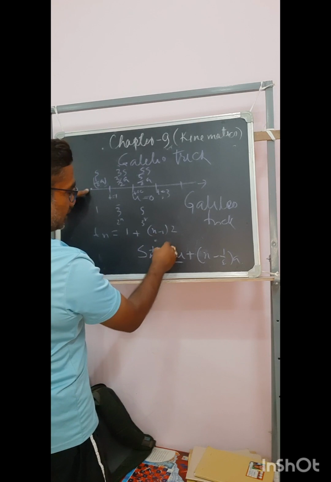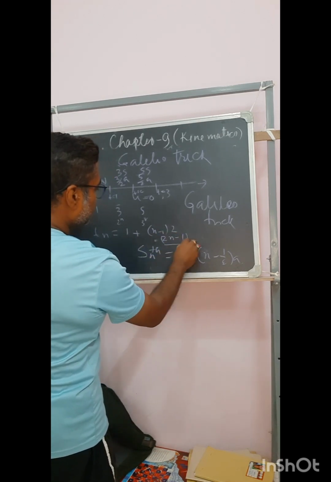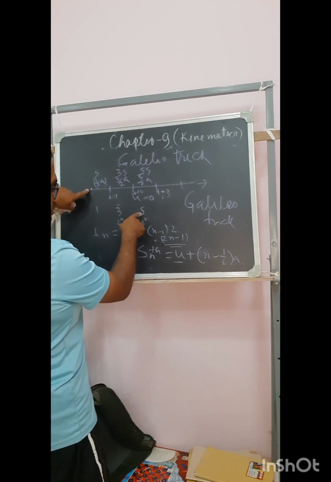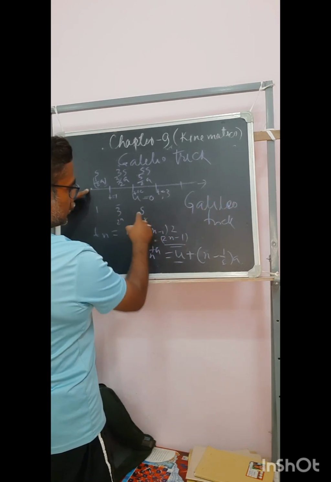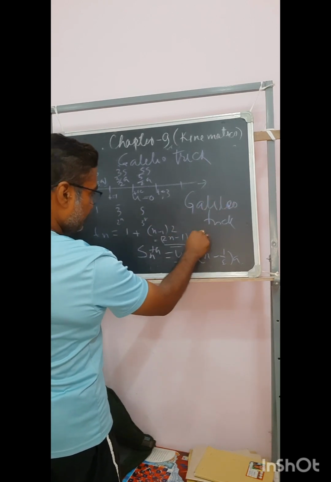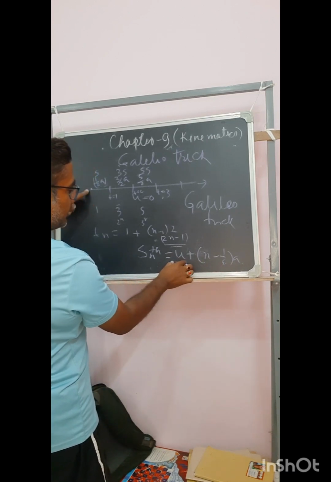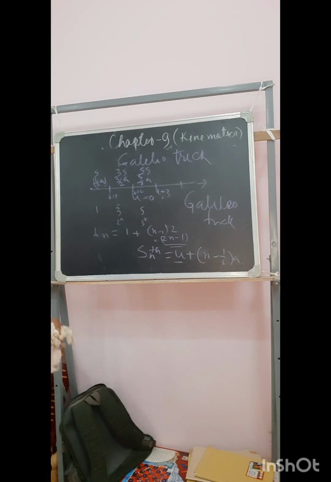I am following the AP series. So the AP series lets you easily fetch the nth term. The coefficient for the nth second is multiplied by a, which is the varying part, and if you add u, it will give you the value for the nth second.